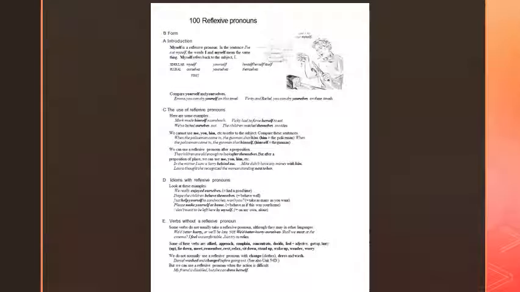So in the first example, Emma, you can dry yourself on this towel. It means that Emma is the only person who is being addressed in this example. That is why they have used the second person singular here, yourself. In the second example, Vicky and Rachel, so here are two persons. So that is why we have to pluralize it, and we have to use yourselves here.